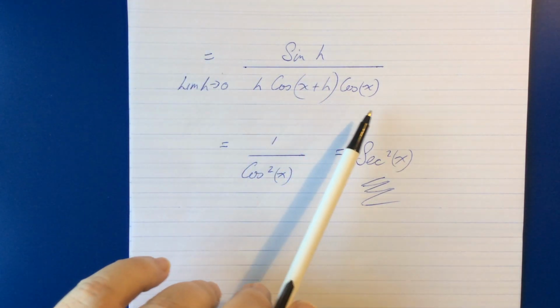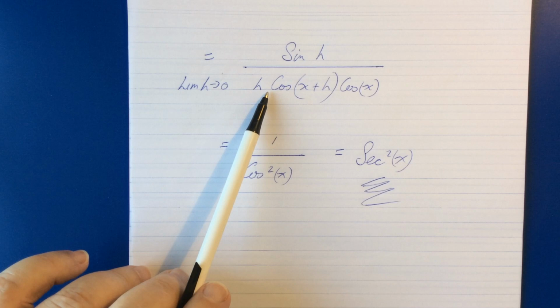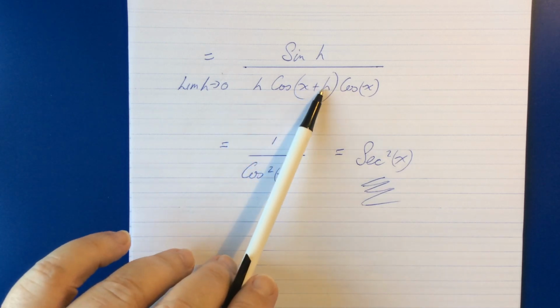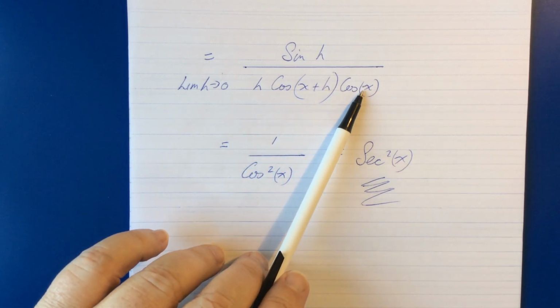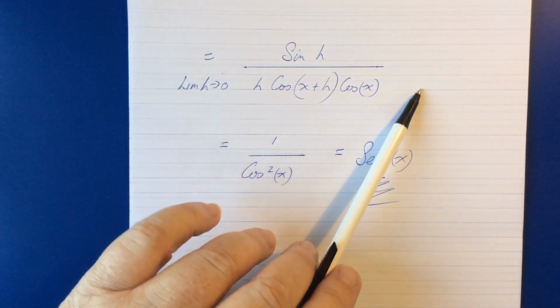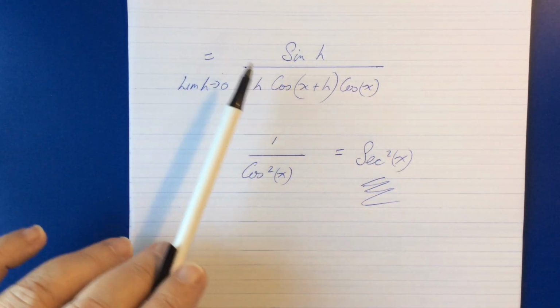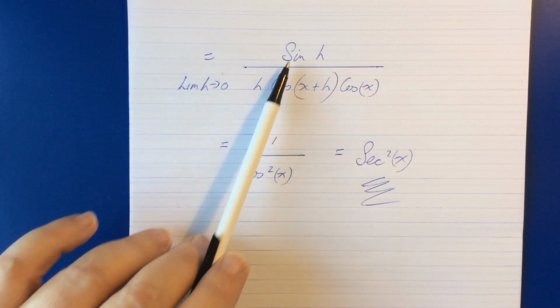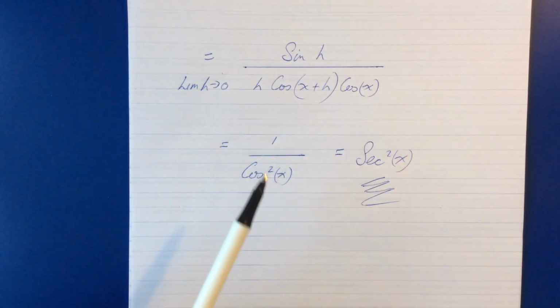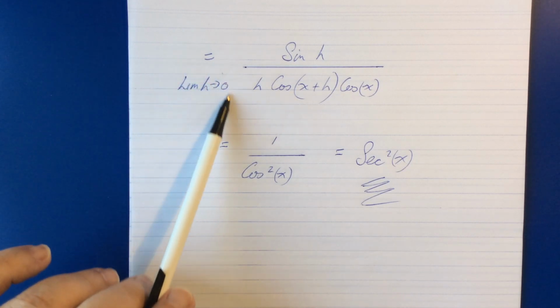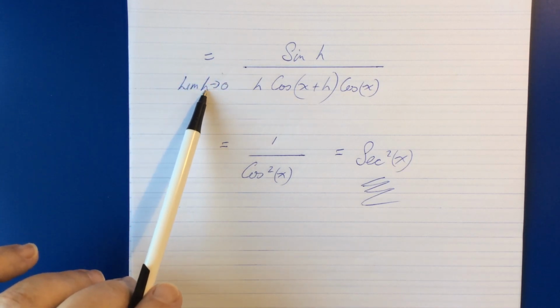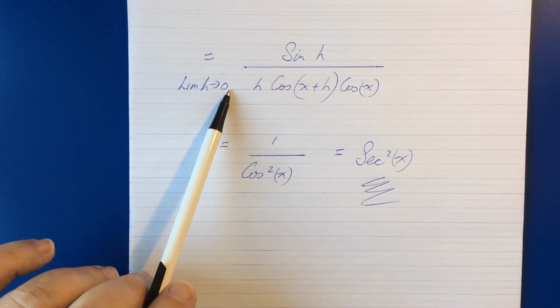And on the bottom, we're left with h cos x plus h times cos x. Now, you'll notice that the 1 over h has disappeared. We've multiplied through by that, which is why we've got sine h and h cos x plus h, and so forth. And our limit is such that h tends to 0.